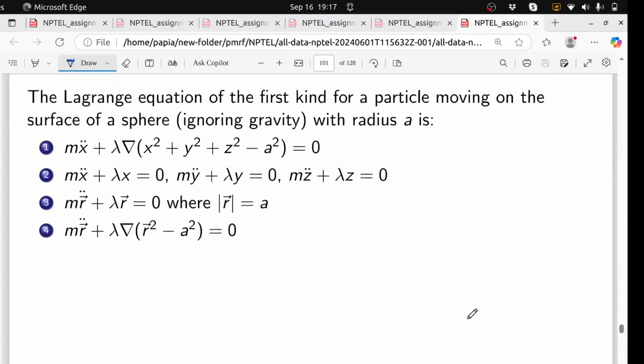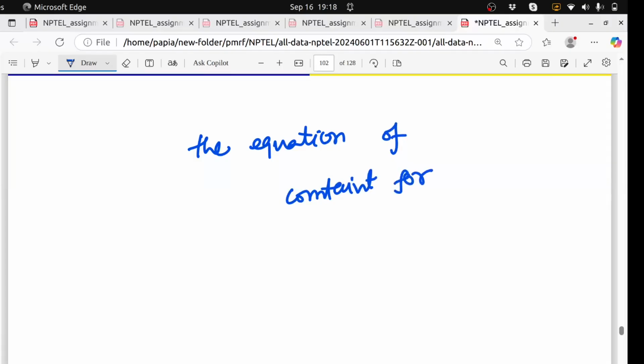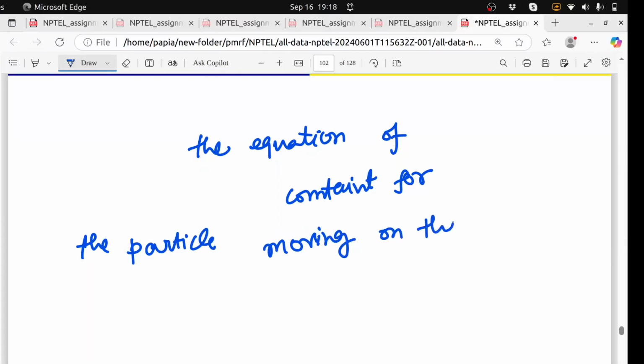So first of all we have to write the equation of constraint for the particle moving on the surface with radius a.